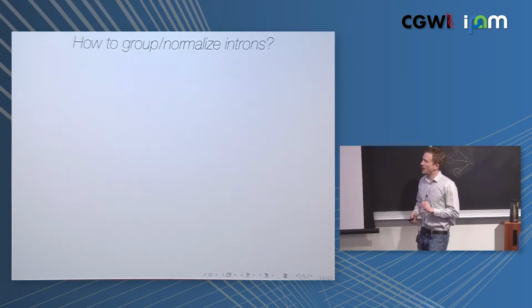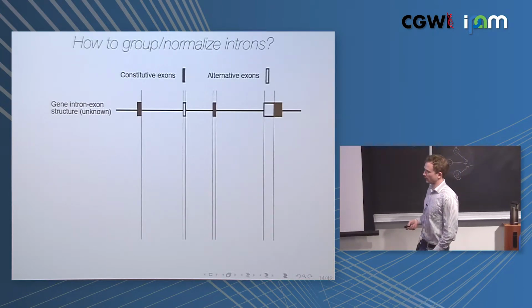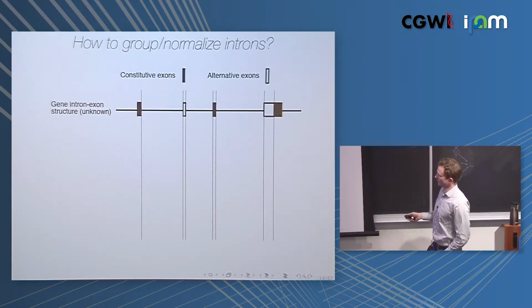There's still a question of how do we group introns into the units that we're going to consider for analysis and normalize. So we can't just measure intron excision counts themselves and use those directly because that would be completely confounded by total gene expression. The way that we do this is to define splicing components, and I want to show this graphically because I think that's the easiest thing. So imagine this gene where we have these three constitutive exons, but then there's a cassette exon, an alternatively spliced exon here, and a 5' extension on this final exon.